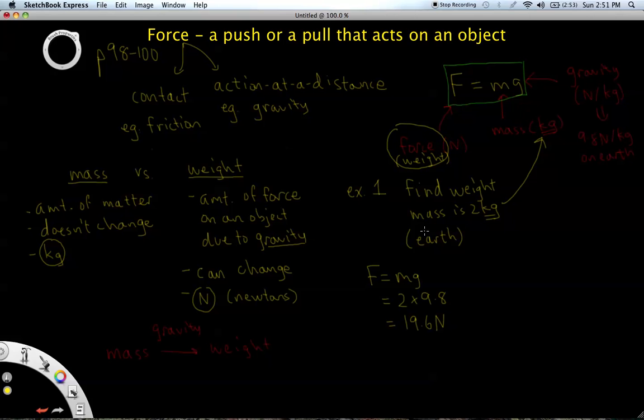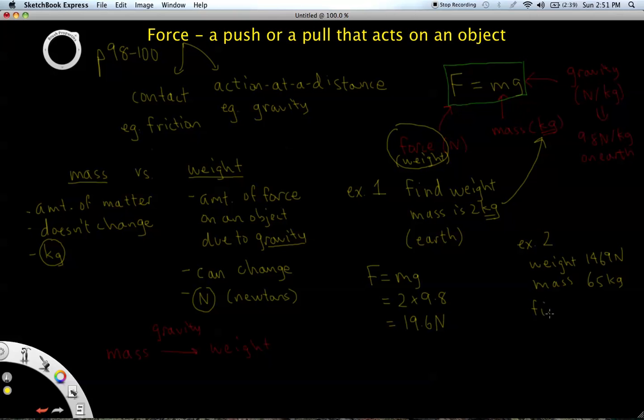Now let's take another example. Example number 2. Let's say the weight of the object is 1469 newtons. Let's say the mass of that same object is 65 kilograms.